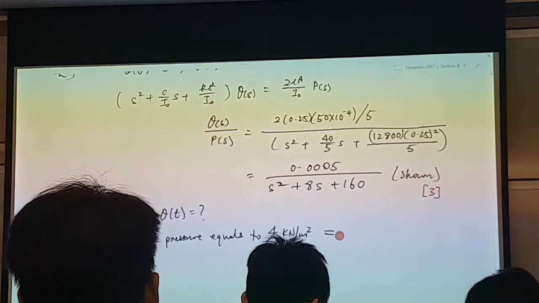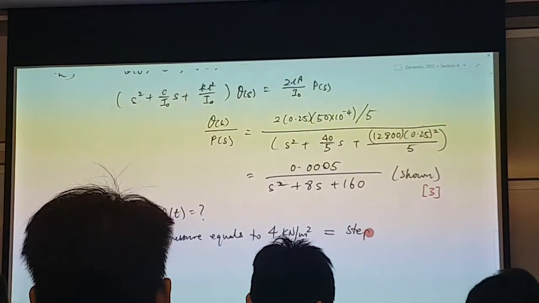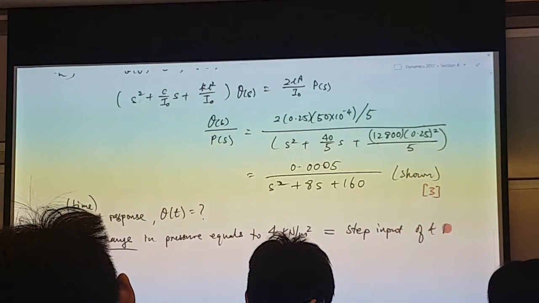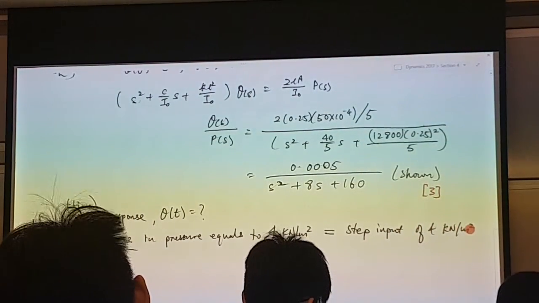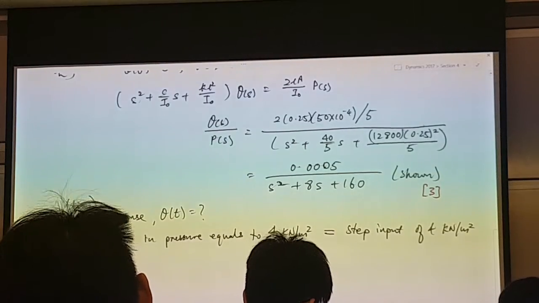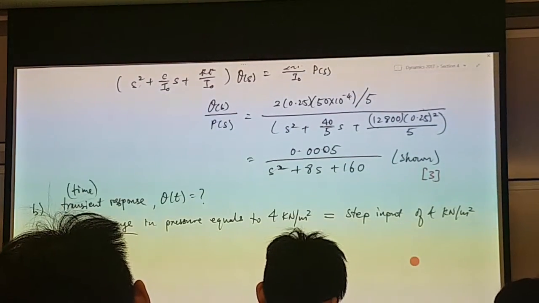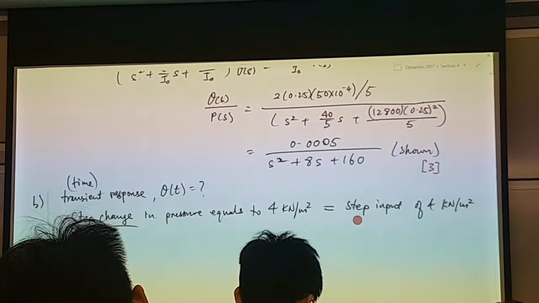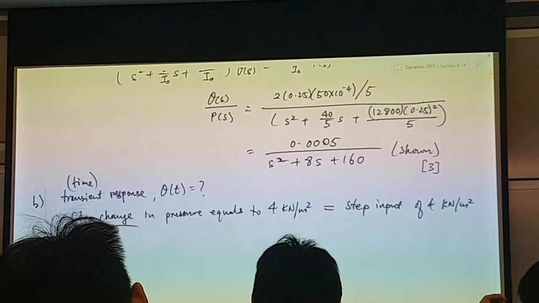Now what it means is that this is a step input of 4 kilonewtons per meter squared. Right? A step change means a step input. So again, it's worded a little bit differently. We're used to saying step input, but it means step change.